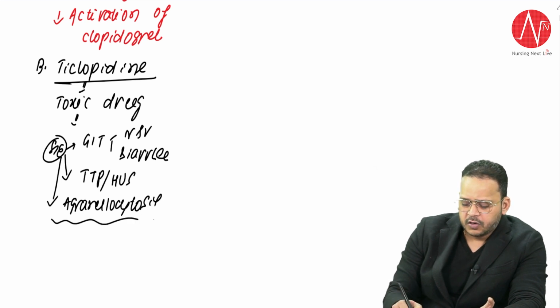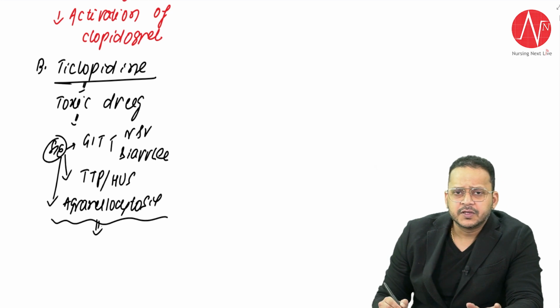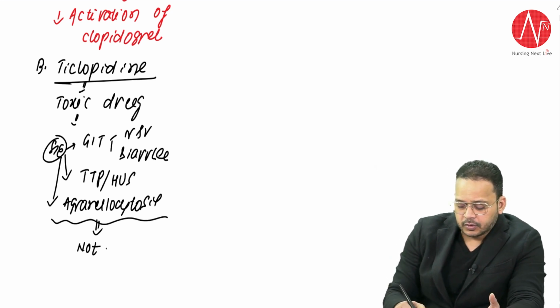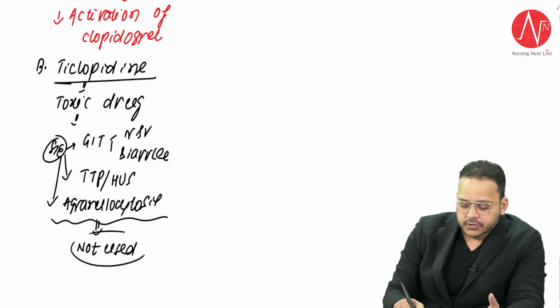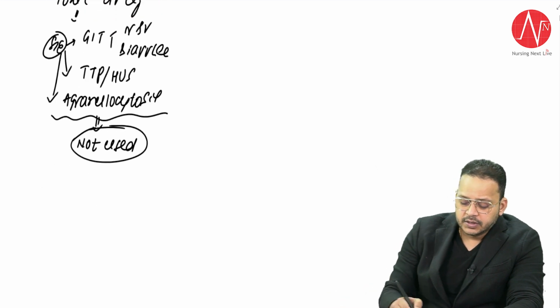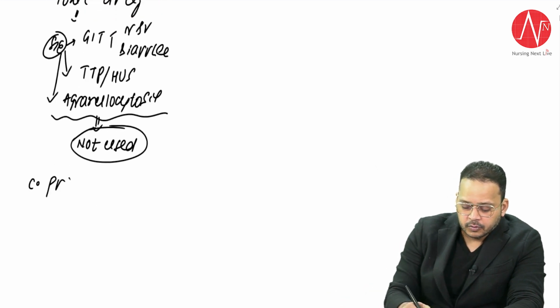Now, because of all of these complex side effects, which are not very simple side effects, we do not prefer ticlopidine nowadays. Whereas the third drug here is prasugrel.